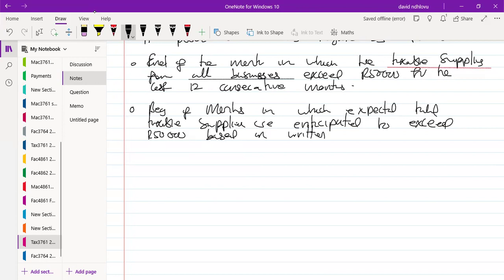So you have contracts for supply, concrete ones that show that you will exceed the 50,000.